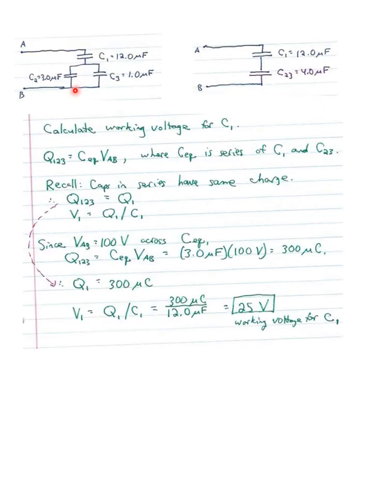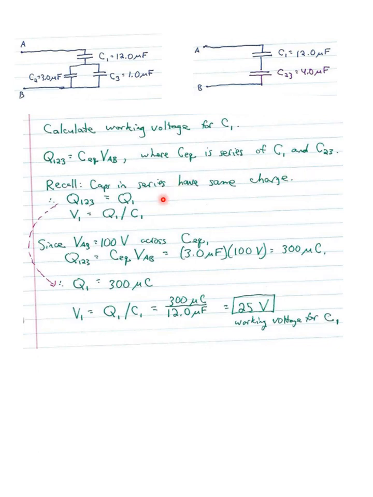So there are the pictures again, the original picture on the left, and here is the parallel capacitors combined. Now what I want to do is calculate the working voltage for capacitor 1. The charge on 1, 2, 3, when I combined them all into one capacitor, is the equivalent capacitance that we got on the previous page times the voltage of the entire circuit, the voltage between A and B. Remember that capacitors in series have the same charge.